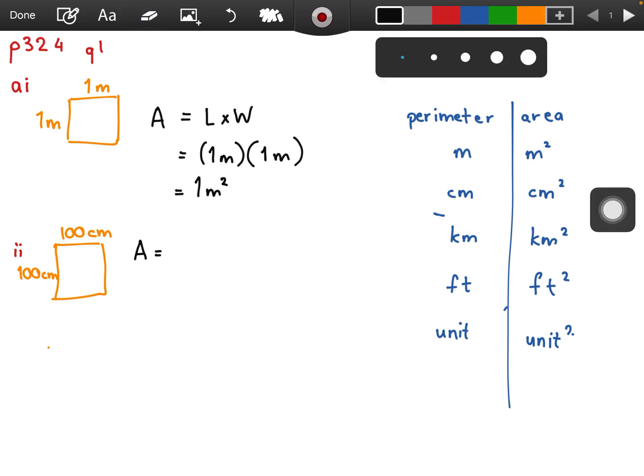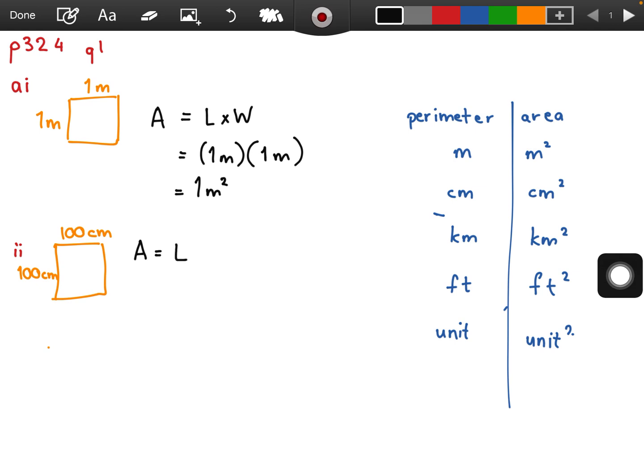Here, when we find the area, this is somewhere you have to pay a lot of attention, because often people make the mistake of thinking, well, there's 100 centimeters in a meter, so 1 meter squared is the same as 100 centimeters squared. That's not the case. So 100 centimeters squared isn't the answer here.